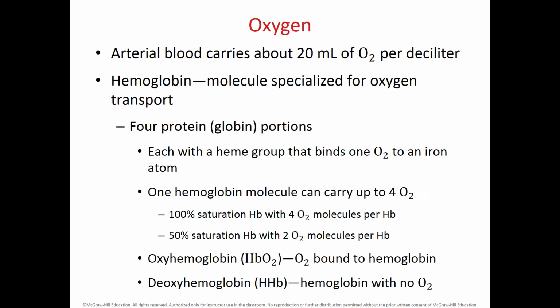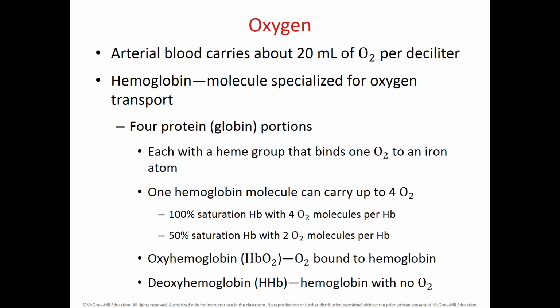About the oxygen, it is very important for our cells to form ATP, and oxygen will be found in about 20 milliliters per deciliter of blood. Hemoglobin will help to carry these oxygen molecules when oxygen binds to an iron atom in the middle of the heme group. One hemoglobin molecule can carry up to 4 oxygen molecules, and when it does so, it forms 100% saturation.